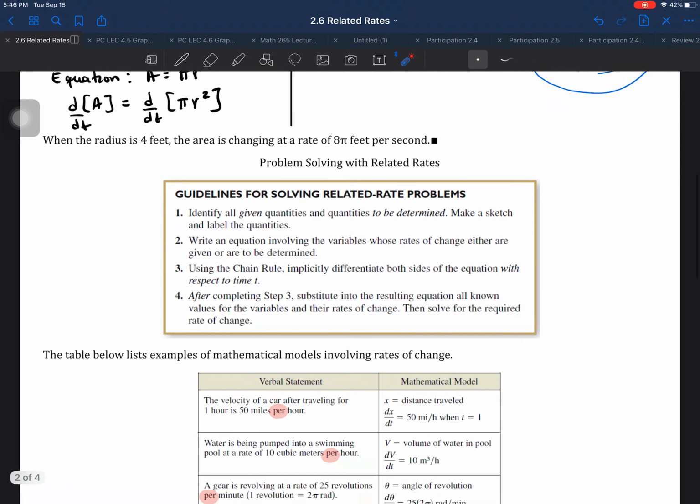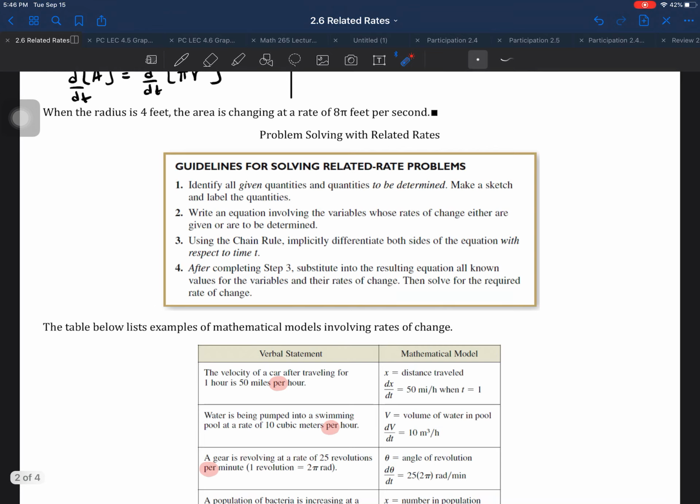So here we have some guidelines that we want to follow. Again, as we mentioned before, identify all given quantities and the quantities to be determined. Usually the last sentence of the problem gives you that hint. Make a sketch and label the quantities. Most important part: write an equation involving the variables whose rates of change are either given or are to be determined. So try to put together an equation that relates all the unknowns that are given and that you need to find.